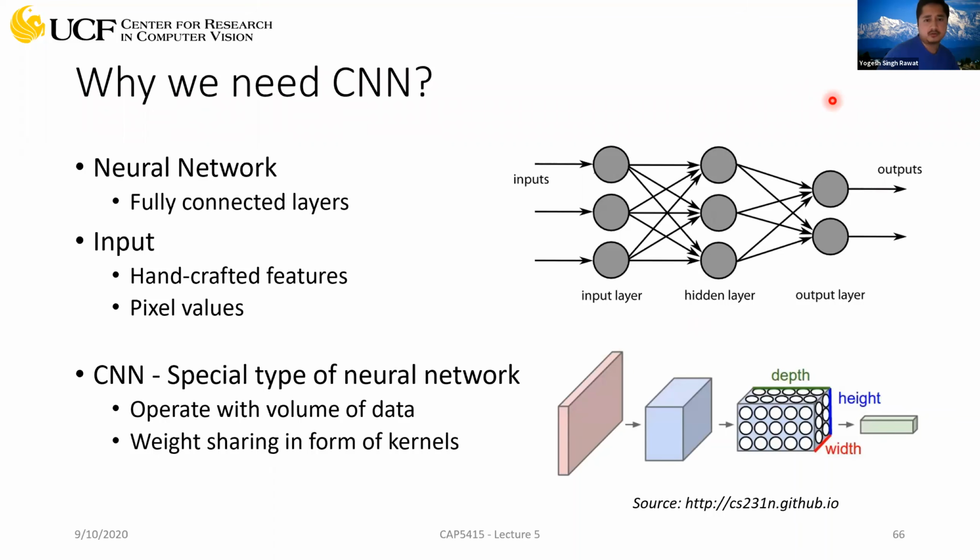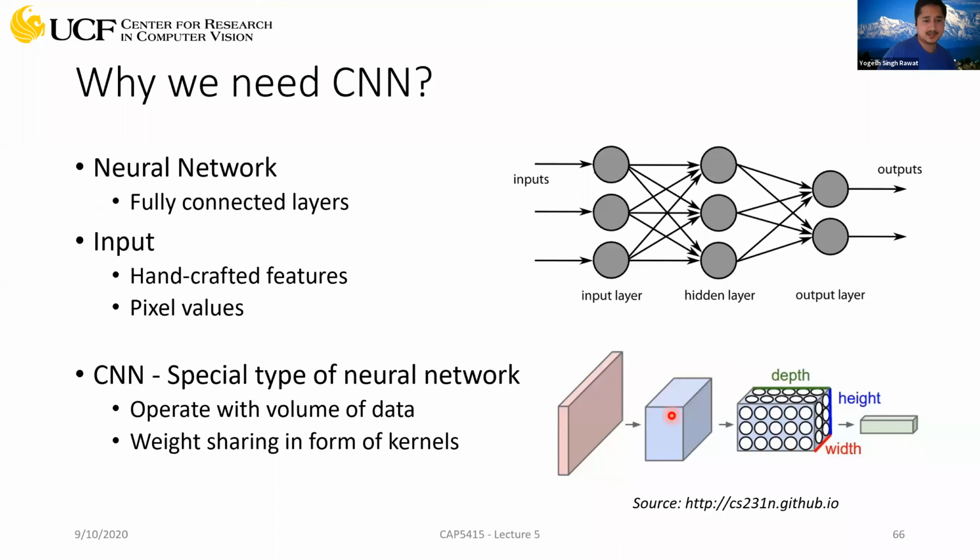By volume, I mean, in this MLP, this feed-forward network, you have these flattened feature vectors which get transformed from one layer to another. But in CNNs, we don't have these flattened features. We have volumes. By volume, I mean they will have some width, some height, and then some depth.